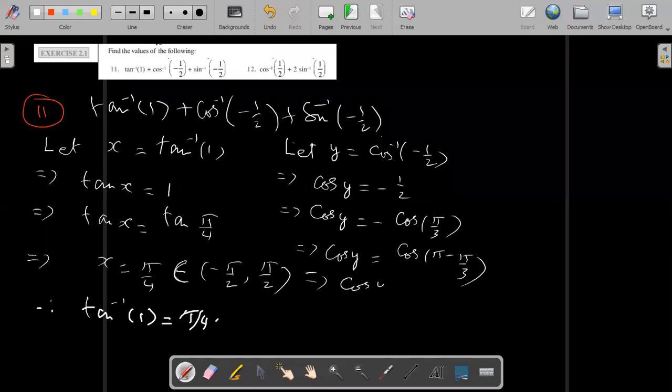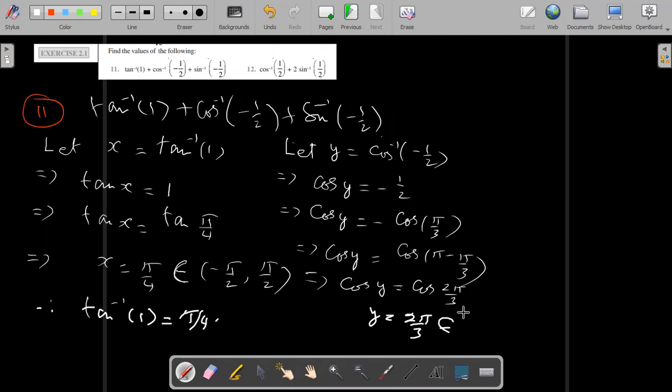So cos y is equal to cos 2 pi by 3, and y is equal to 2 pi by 3, which belongs to the principal value branch 0 to pi. Therefore, cos inverse minus 1 by 2 is equal to 2 pi by 3.